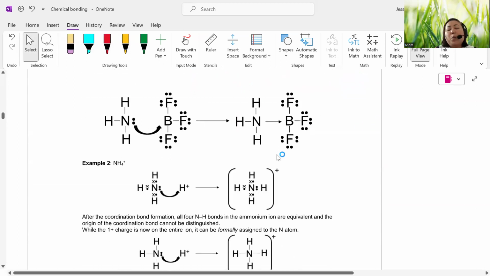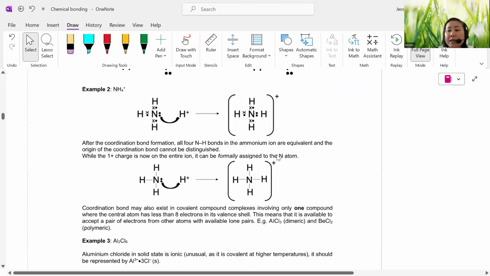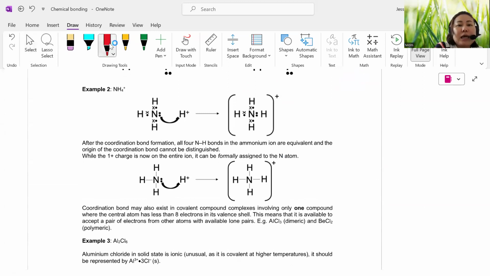Okay, now what other compounds form coordination bonds? Any base that accepts a proton will form a coordination bond. This is our proton, H+. Hydrogen has only 1 electron as an atom. So when it loses an electron, it forms H+. So H+ has no electron in the structure.